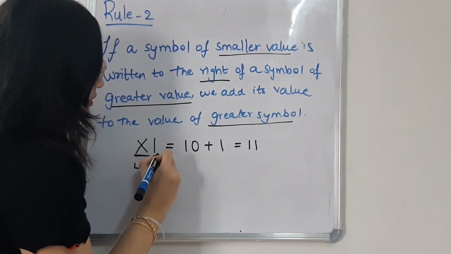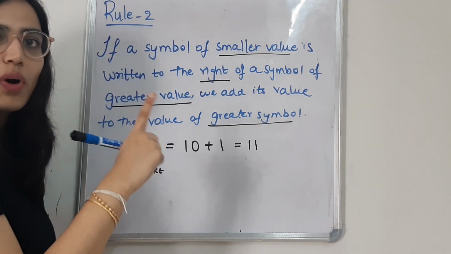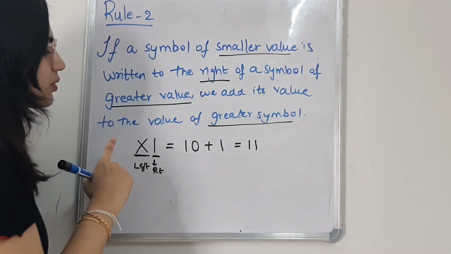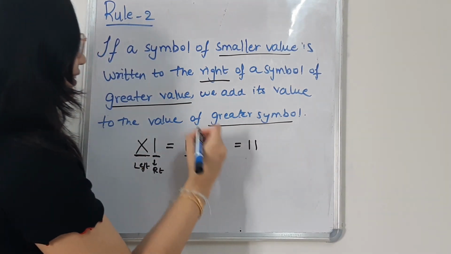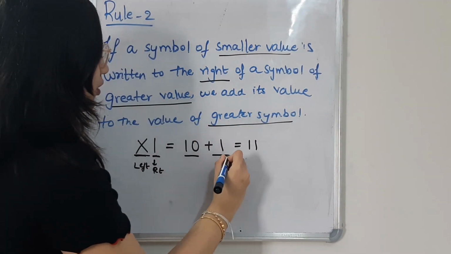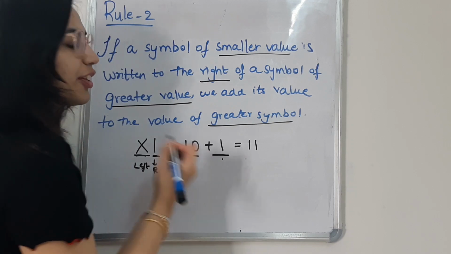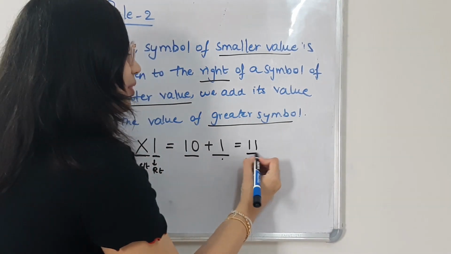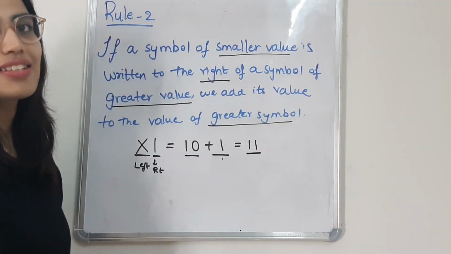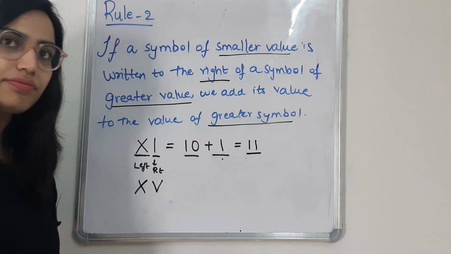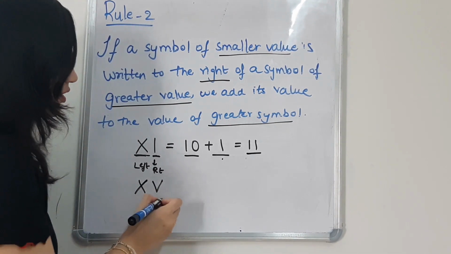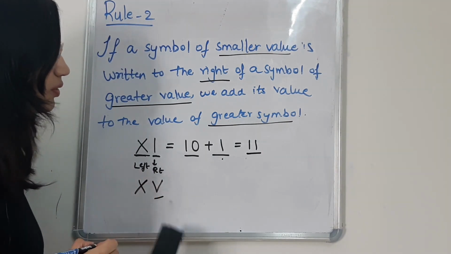So what is the smallest value? 1. What is the greater value? 10. So we add 1 to the value of the greater symbol, 10, that is nothing but 11. This is rule 2. For example, what if I write this? What is the smaller symbol here?